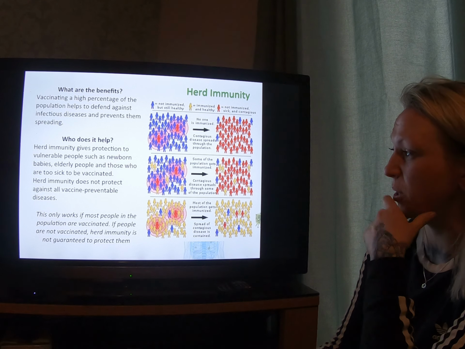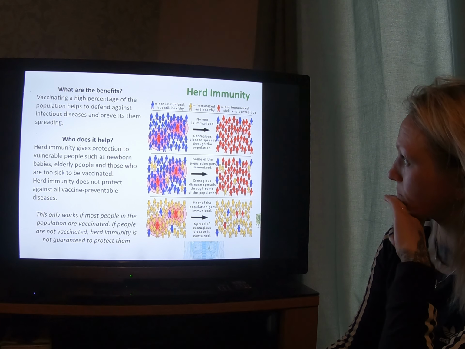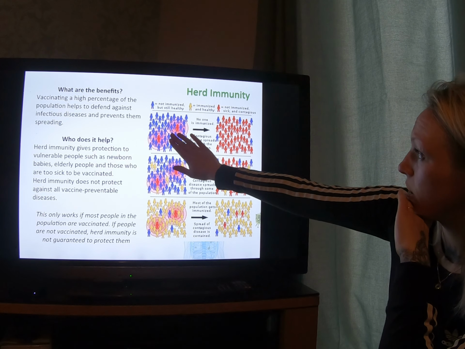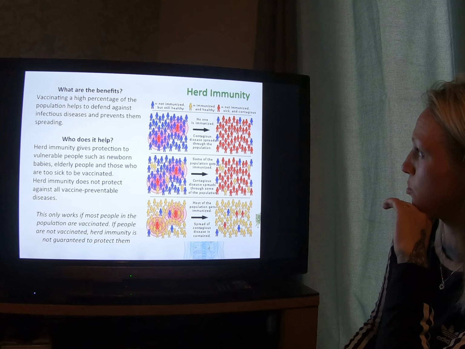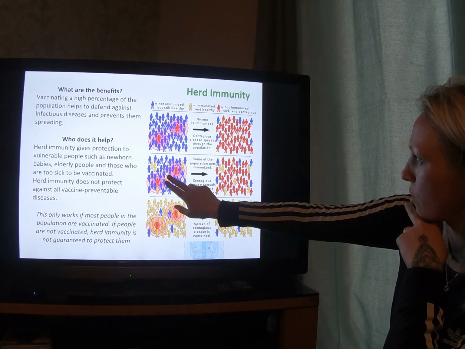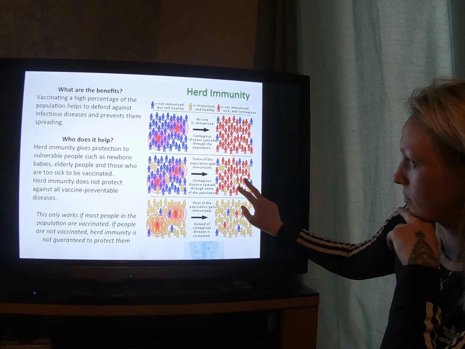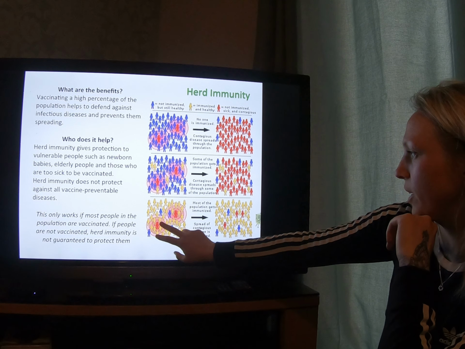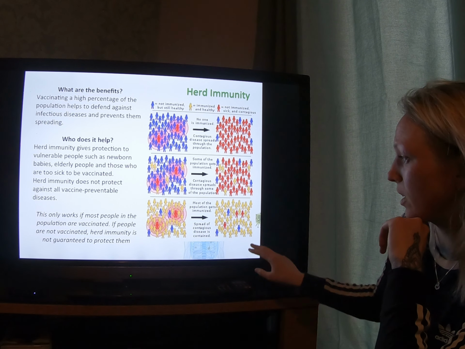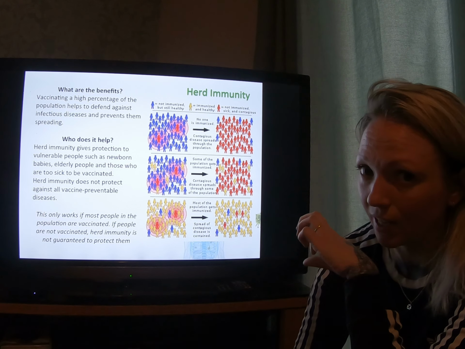If they're not, herd immunity is not guaranteed to protect them. So as you can see, if nobody is immunised, contagious disease spreads throughout the population. With some people immunised, unfortunately, it still spreads throughout the population. When most of the population gets immunised, the spread of contagious disease is contained.